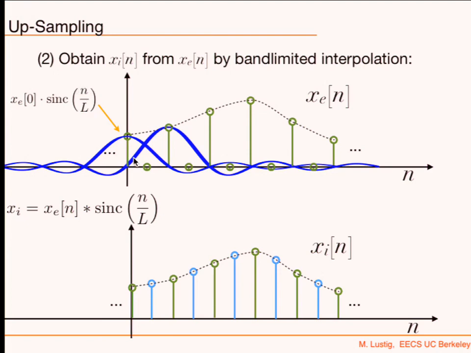So sinc of n over L will have 0 crossings exactly over the samples of this x sub e. And then I'm going to evaluate what is the value over here. And I'm going to do that only in a discrete domain, right? Basically, it's just discrete convolution with sinc of n over L. So if I do this convolution, I will get samples in between, which corresponds to as if I took my continuous time signal and resampled it over those points.